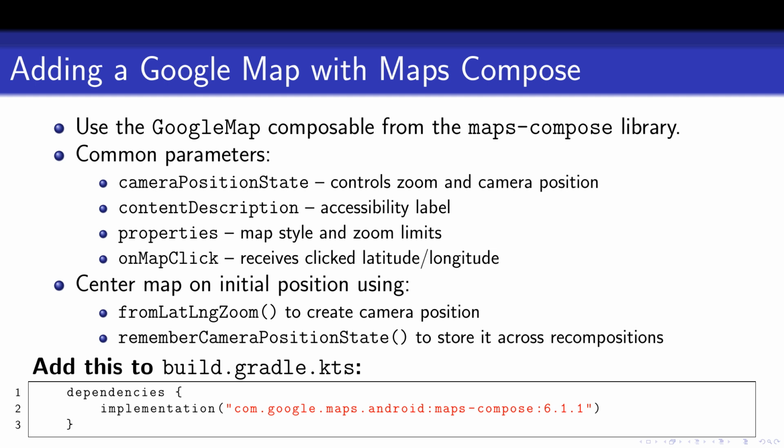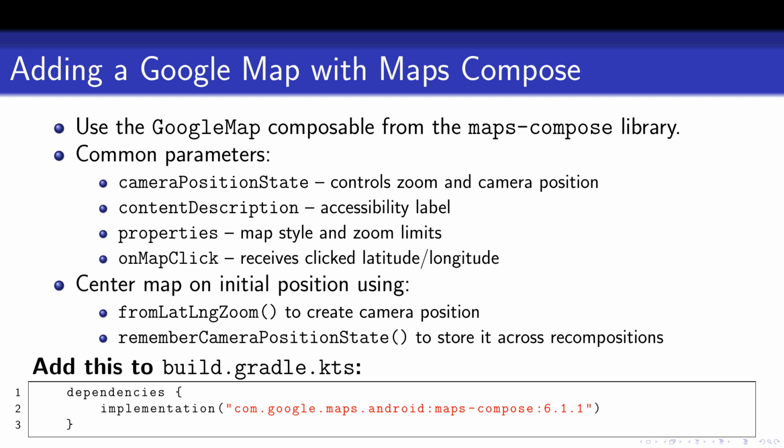To add a Google Map to your app using Jetpack Compose, you'll use the GoogleMap composable provided by the Maps Compose library. This composable allows for a rich set of configurations, such as camera position state, which manages where the camera is pointing and its zoom level. You'll also provide a content description for accessibility, and optionally use properties to control the map style and zoom bounds.